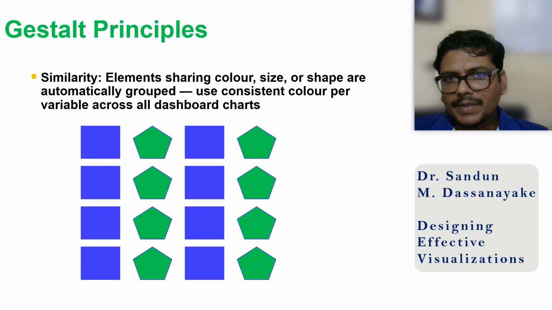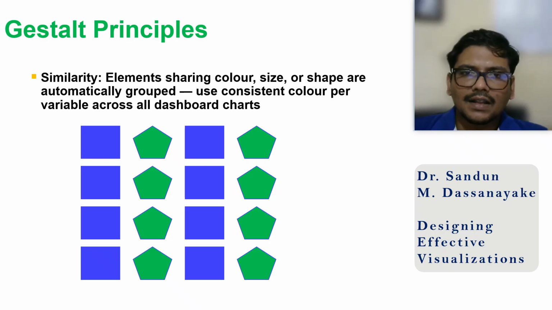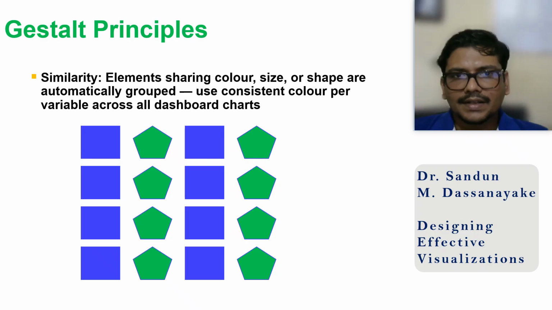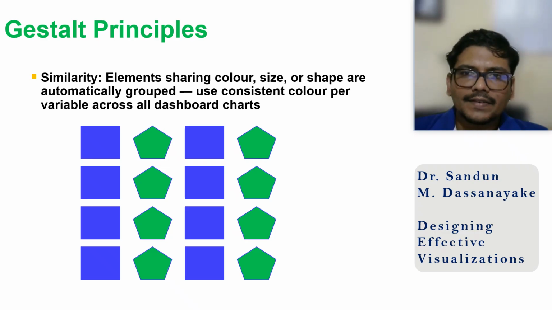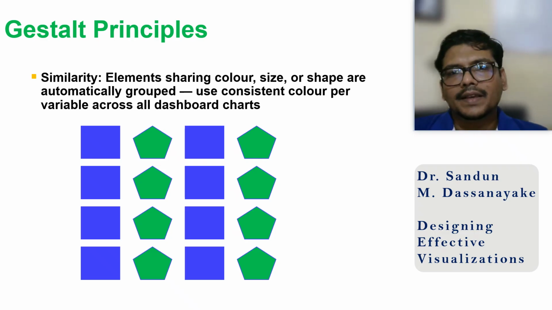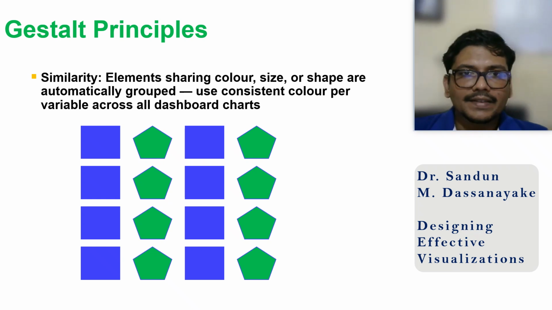In the case of similarity, elements that share color, shape, or size are perceived as belonging together, even when they are physically far apart on the page. This is proximity's complement, working across distance instead of within it.